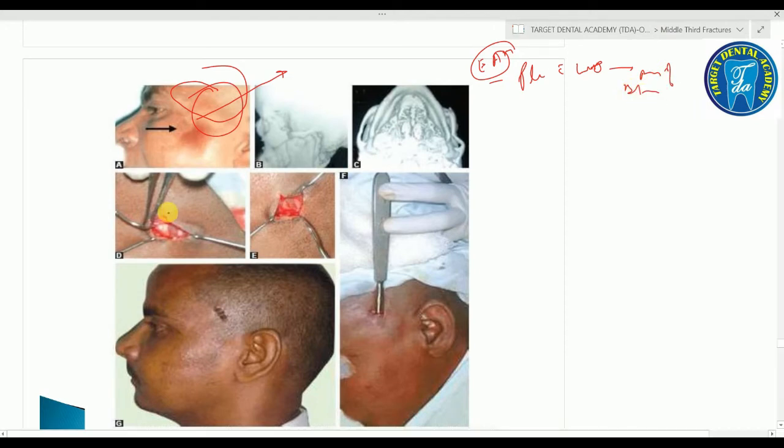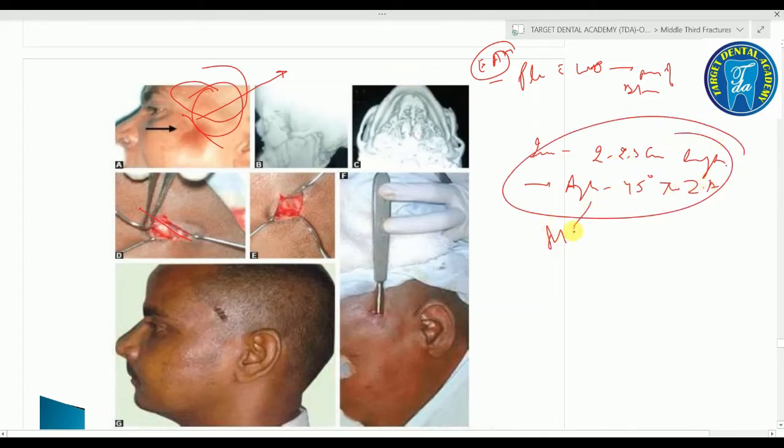So after this, an incision is made. Please note it down, the incision is about 2 to 2.5 centimeter in length, and it is inclined forward at an angle of 45 degree to the zygomatic arch. Guys, very important, commonly asked MCQ.